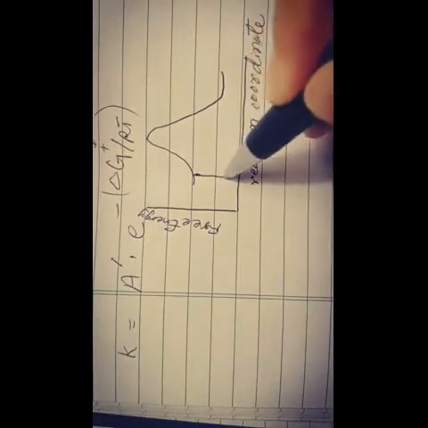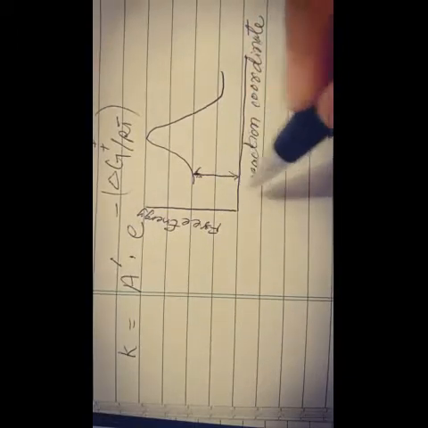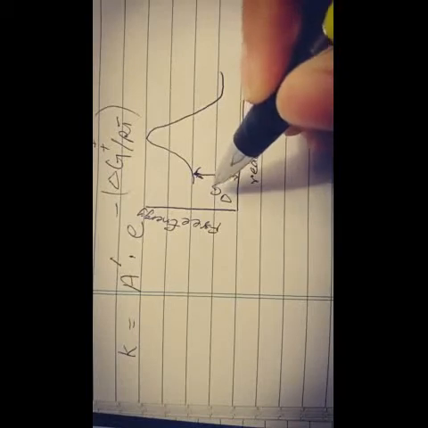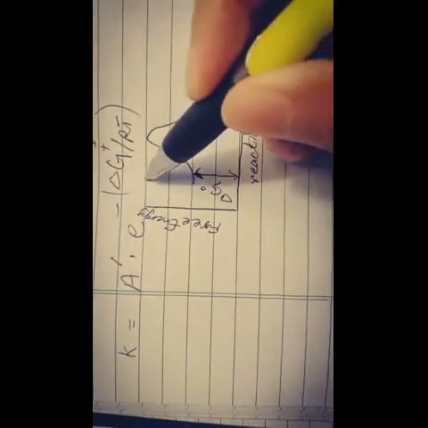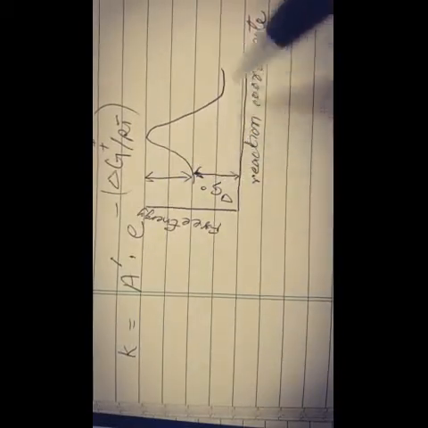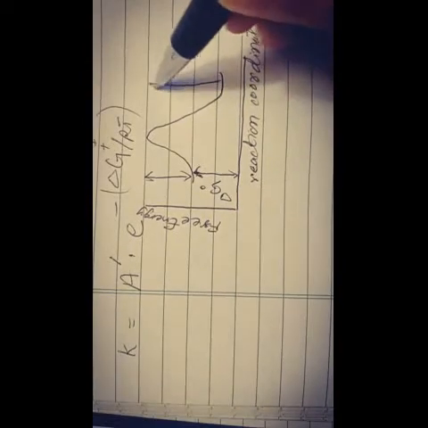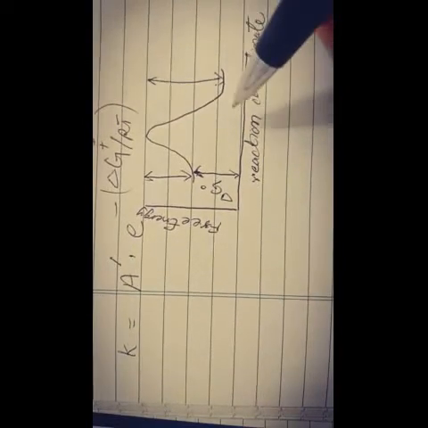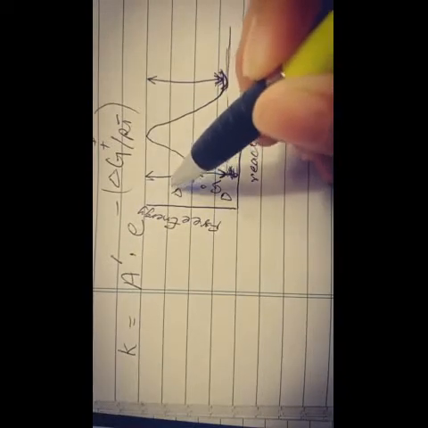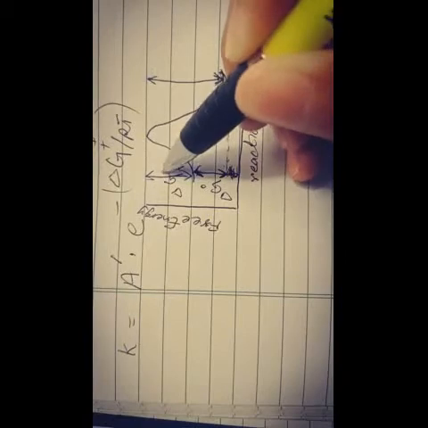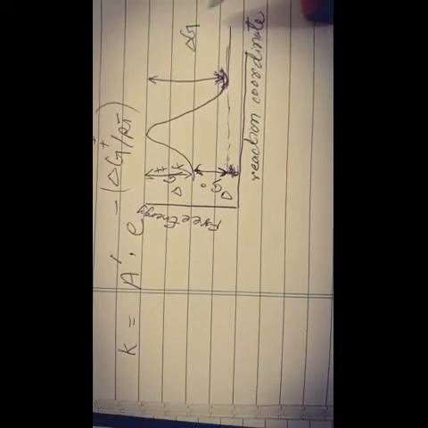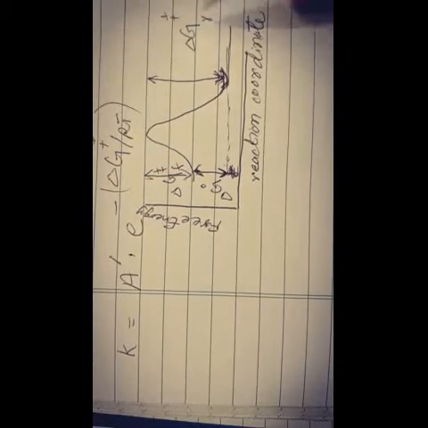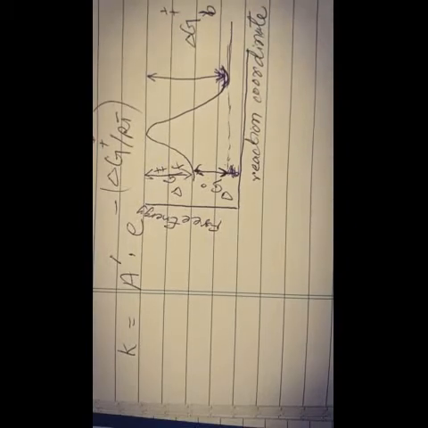Here this energy is the energy for the reaction, which is actually a difference of the minimum energy required for the forward reaction versus the minimum energy required for the backward or reverse reaction.